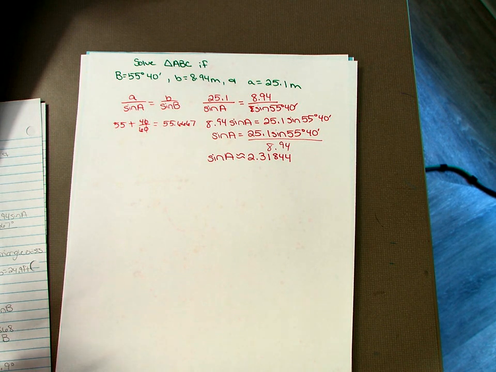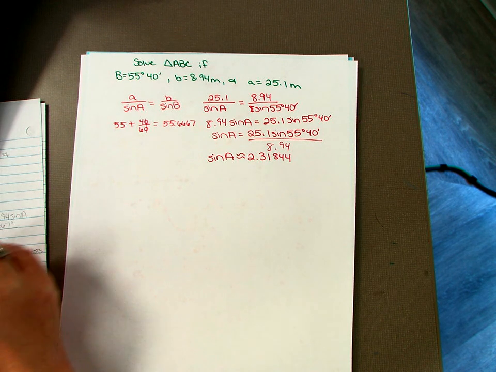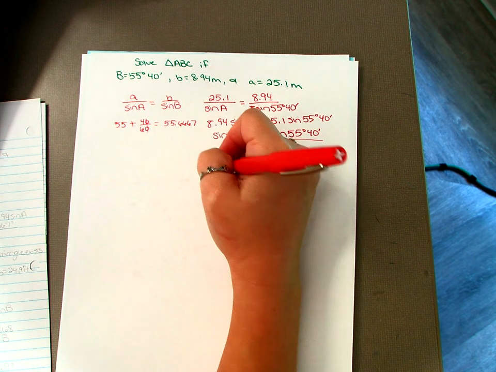If you don't know anything about sine, try doing sine inverse of what you just got and see what your calculator tells you. What do you get? Huh? An error. You get an error. Sine has to live between 0 and 1. We just got sine is 2.31 blah, blah, blah. That's too big. So what this tells us is that there is no triangle for this.